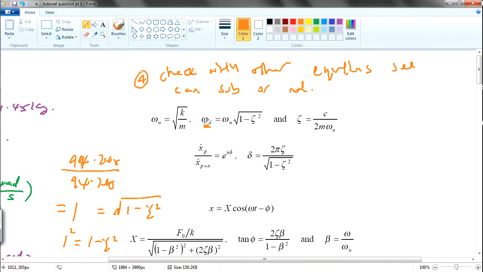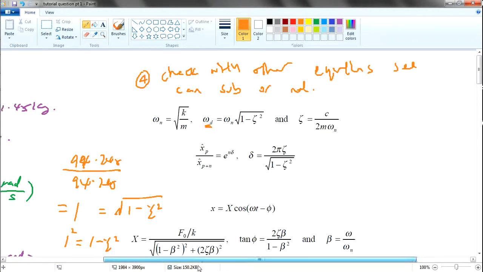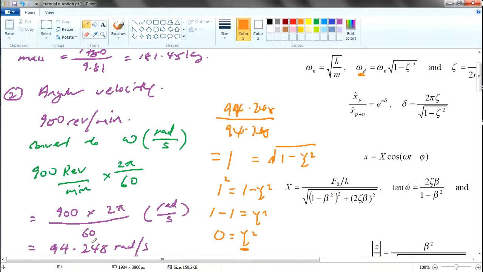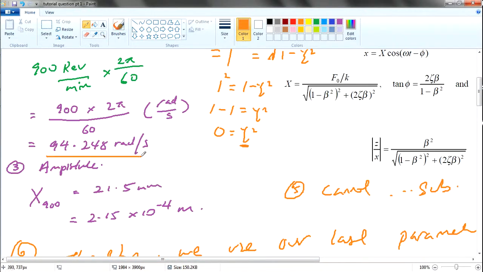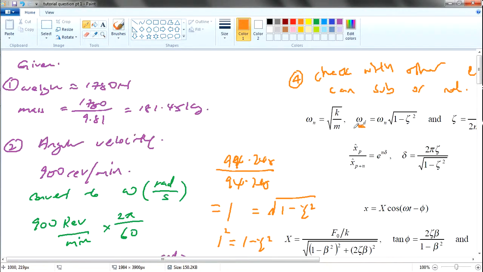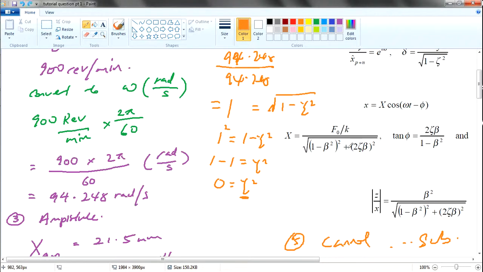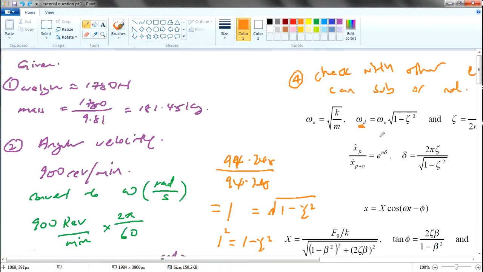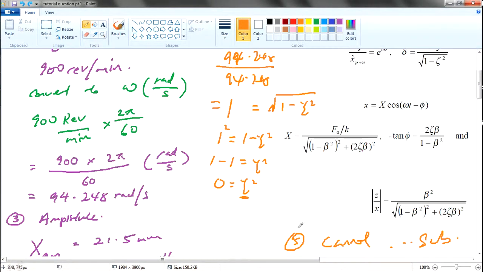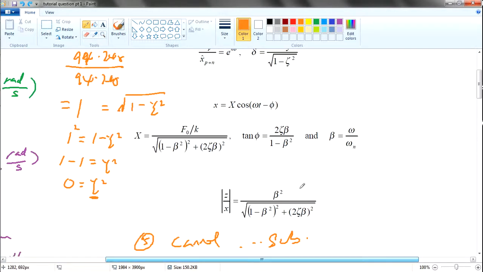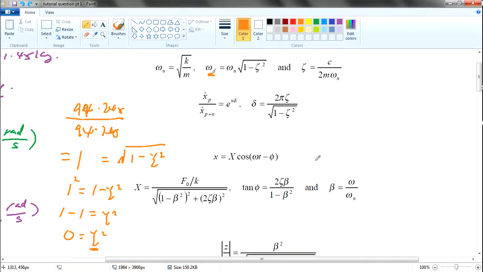Therefore you cannot use this equation. Previously I said that this frequency equals this, so this proves that I am wrong. The only way is to use some other formula.